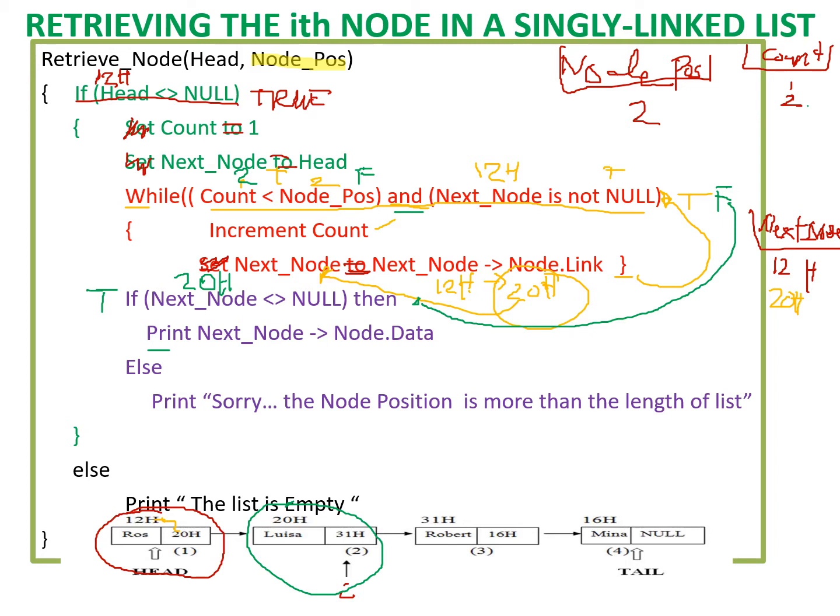Next node is 20H, referencing the node.data of 20H, we are referring to Louisa. So we will display Louisa. So in our output, the output will be Louisa. Done.